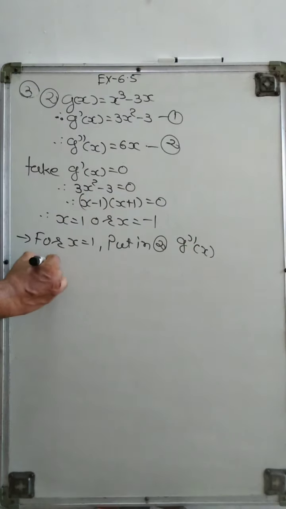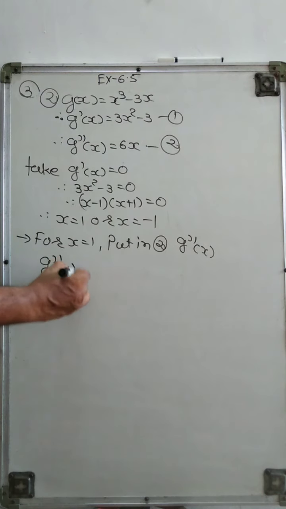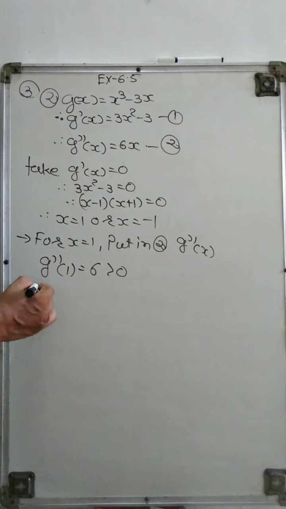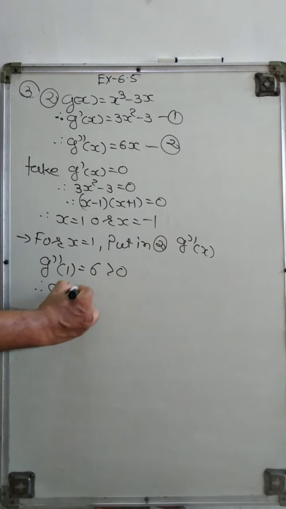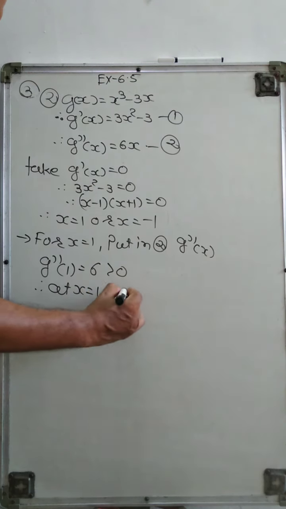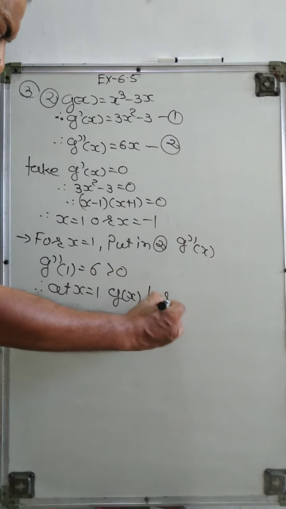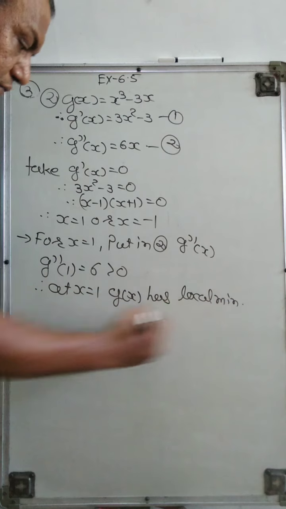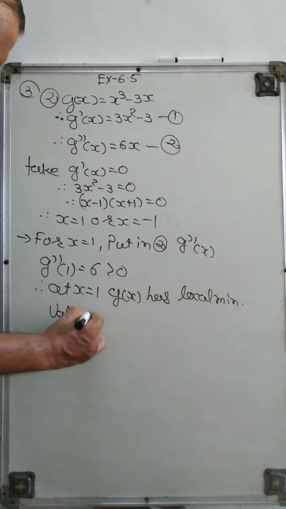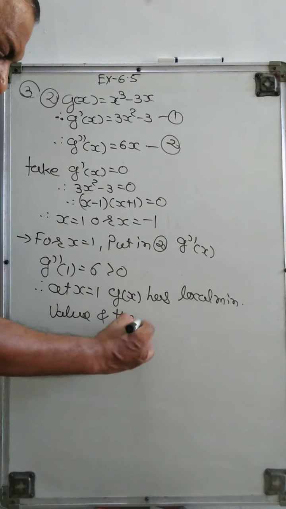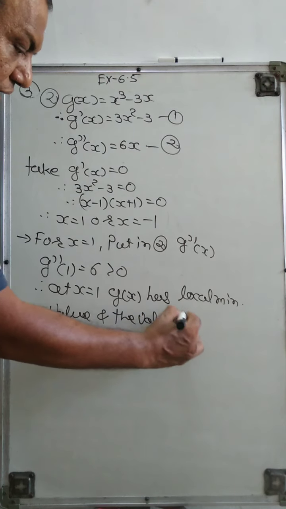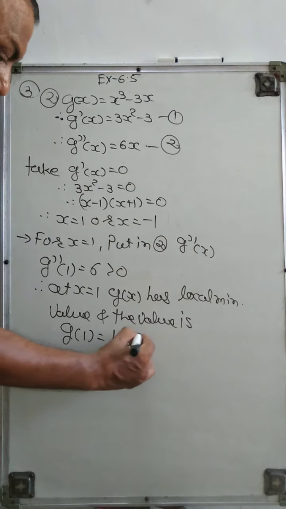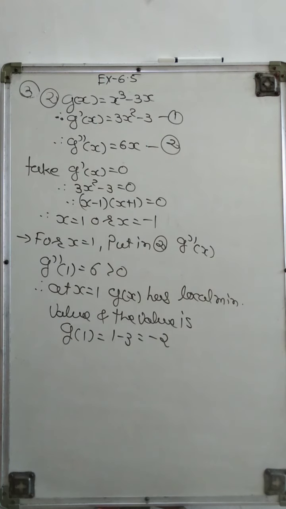We get g double dash 1 is equal to 6, which is greater than 0. Therefore, at x equal to 1, g(x) has local minimum value, and the value is g(1). It is 1 minus 3, it is minus 2.